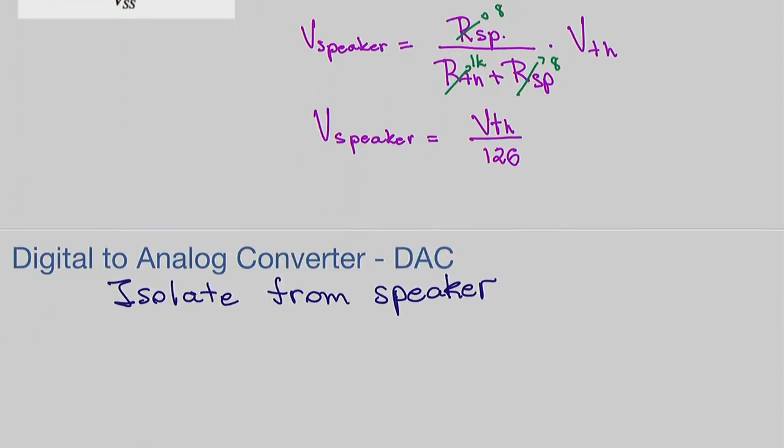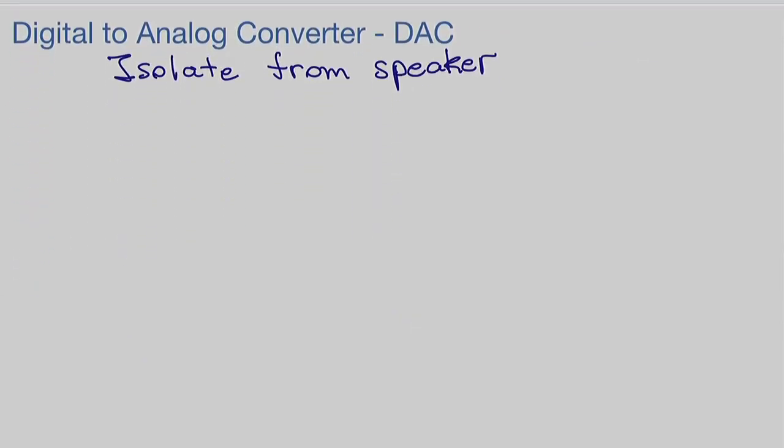So what we have to do is isolate our digital to analog converter, the DAC, from the speaker. We have to isolate it because we still want to amplify, right? We want to get a voltage that gives the output that we want for the speaker.